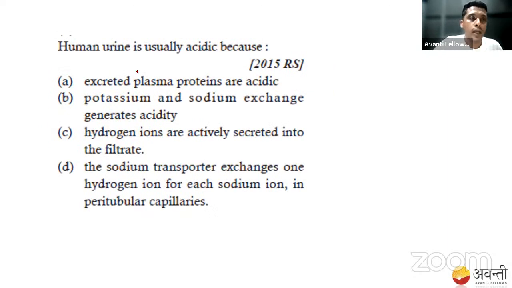So here is your next question. Human urine is usually acidic because, why is it acidic? Excreted plasma proteins are acidic. Potassium and sodium exchange generates acidity. Hydrogen ions are actively secreted into the filtrate. The sodium transporter exchanges one hydrogen ion for each sodium ion in peritubular capillaries. Okay, I will relaunch the poll again.